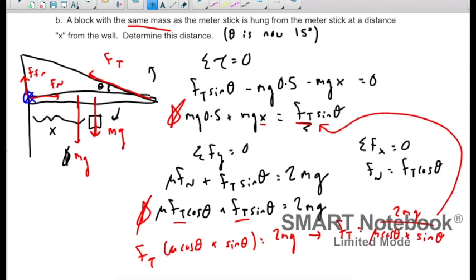So I hope you guys are appreciating the pattern, the problem-solving strategy for these types of questions. Draw your diagram. Draw your free body diagram. Start with torque. Pick an axis of rotation that helps you eliminate the most unknowns that you can. Start writing your torque expression. Don't forget the definition of torque. Don't forget that the angle between those vectors matters, just like it does right here.